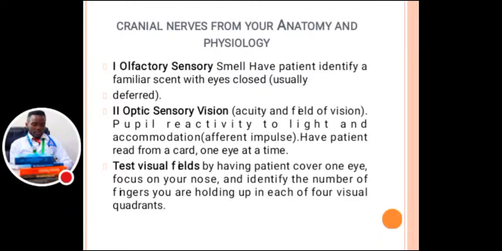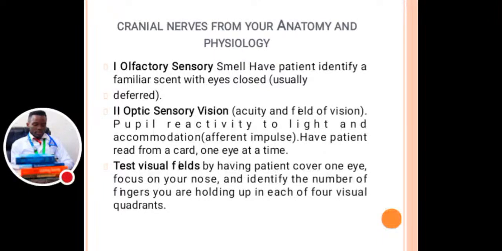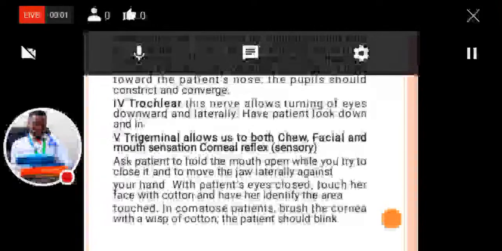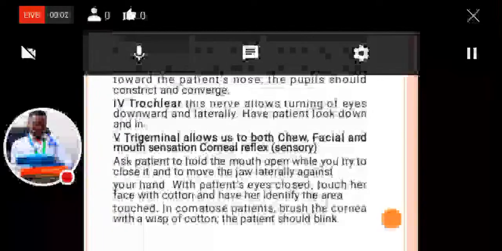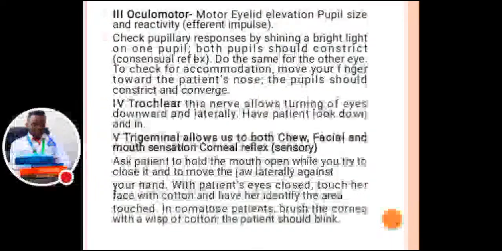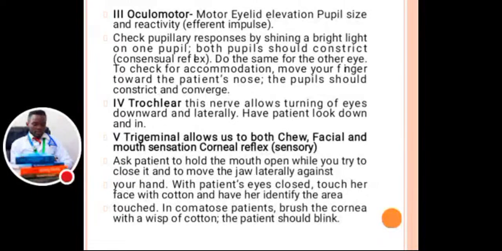Then we also have what we call the test of visual field, by having a patient cover one eye, then focus on the nose and identify the number of fingers. The motor eyelid usually averts the pupil size and the activity, that is an efferent impulse.